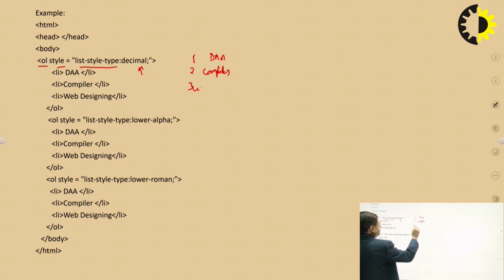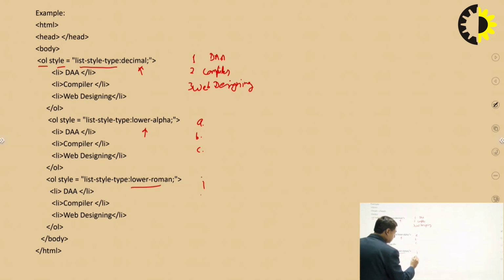Next one is web designing. Now if you are using lower-alpha, it will display the values like a, b, and c. And if you are using lower-roman, it will display the list in Roman letters in lowercase.